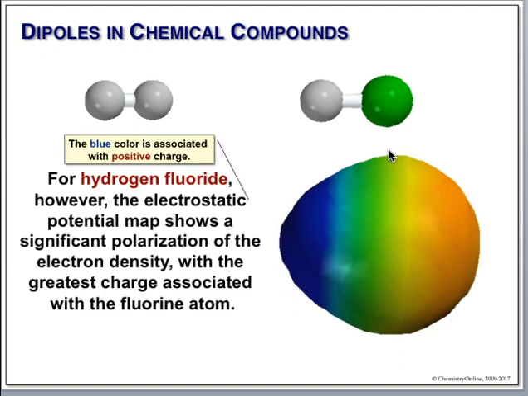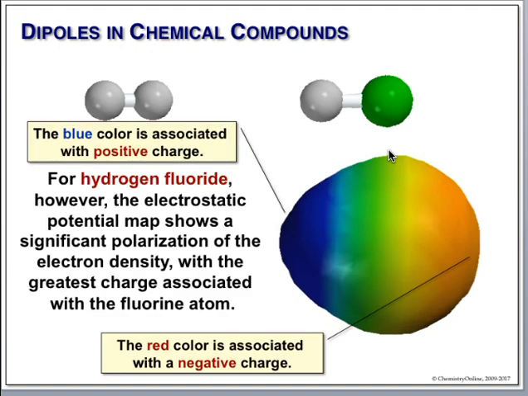We get a really pretty little Easter egg in our electrostatic potential map. Now, in a potential map, blue is used to indicate the absence of electrons, so you can read that as a positive charge. When you have a red color, that means you have lots of extra electrons down in here. What this tells us is that the electrons in this covalent bond are shifted so that they're pulled away from the hydrogen towards the fluorine.